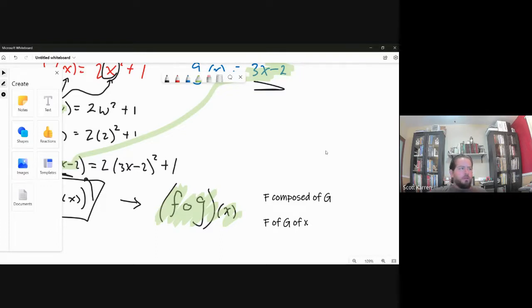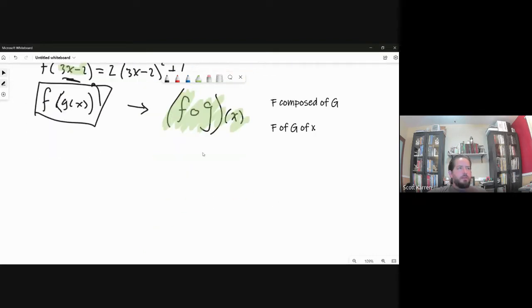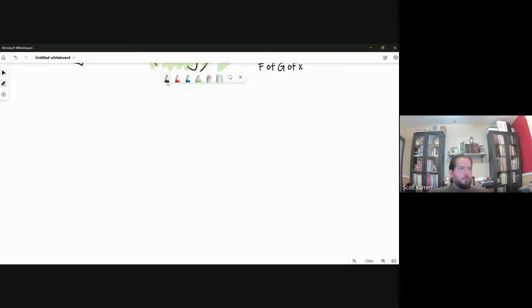So let's take a look at some compositions. Let's say that we have f of x given to us as, let's say, 2x plus 5.